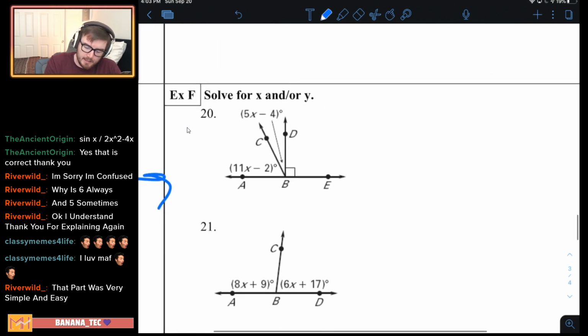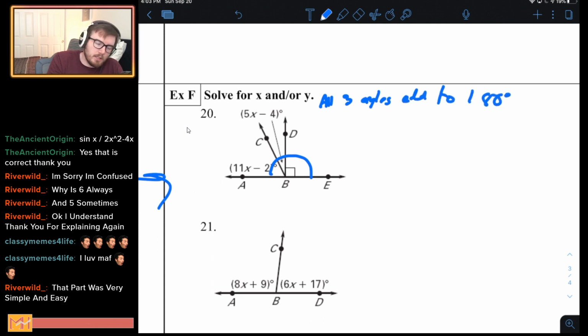Okay, I see a straight line. What does that mean? We have linear pairs, or in this case, you could call it a linear triplet, right? I know that all three angles add to 180. So it's not exactly a pair, but more of a triplet.